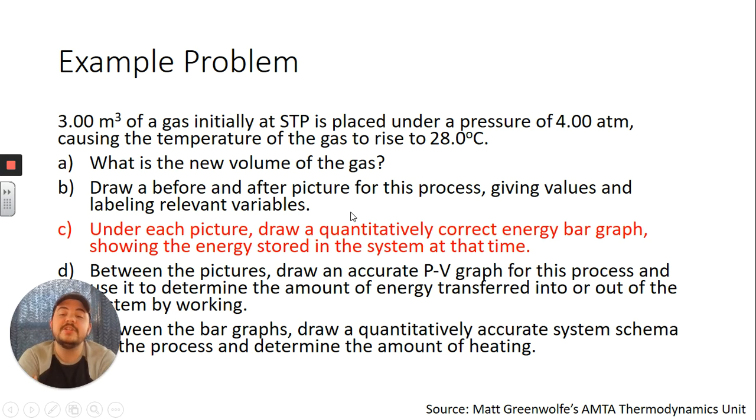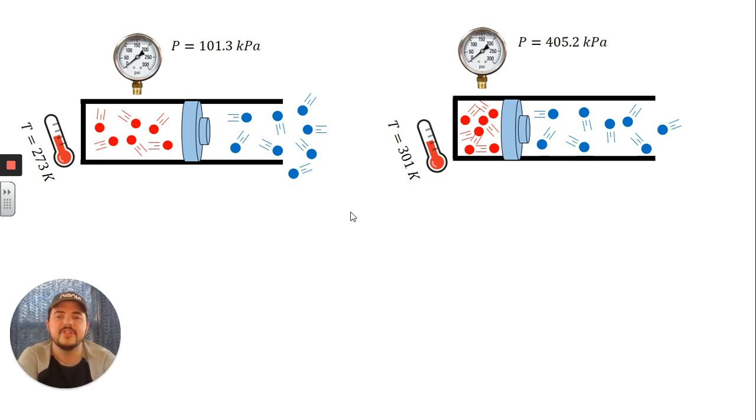Part C, under each picture, we're going to draw a quantitatively correct energy bar graph showing the energy stored in the system at that time. That time meaning our 2 snapshots. So here's our picture we just drew, and we are now going to draw some energy bar graphs.